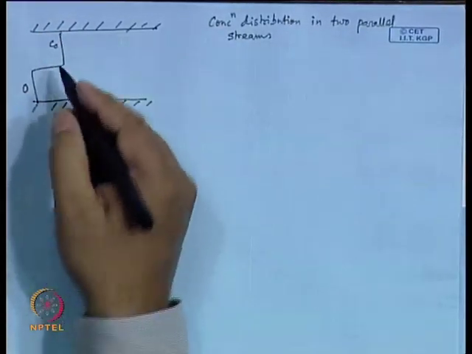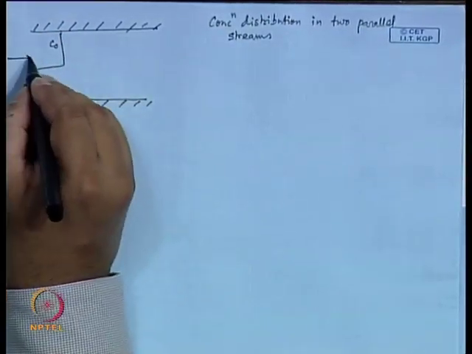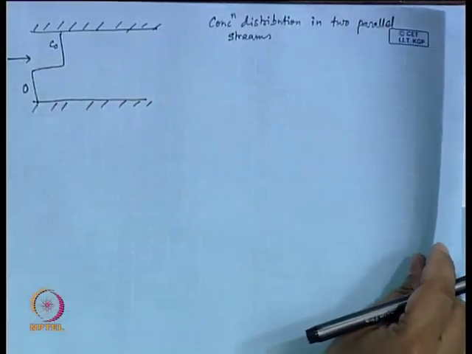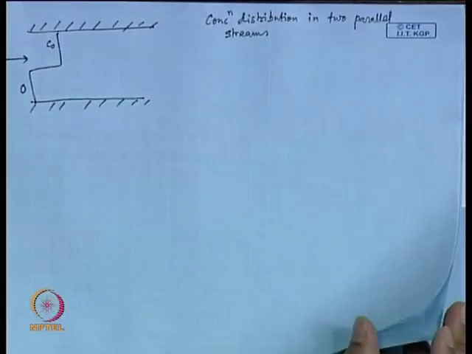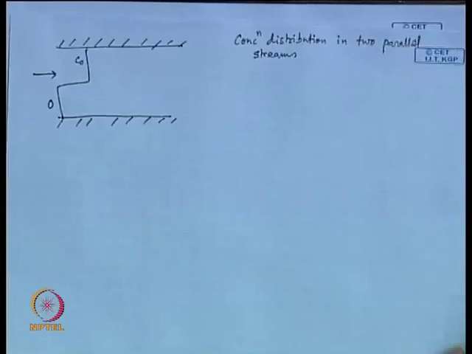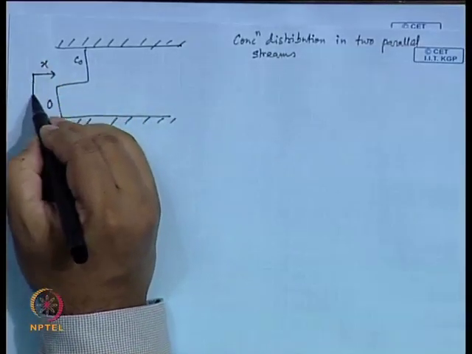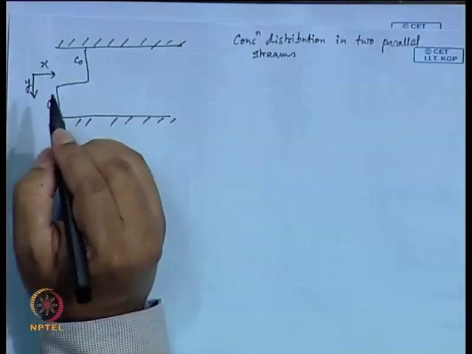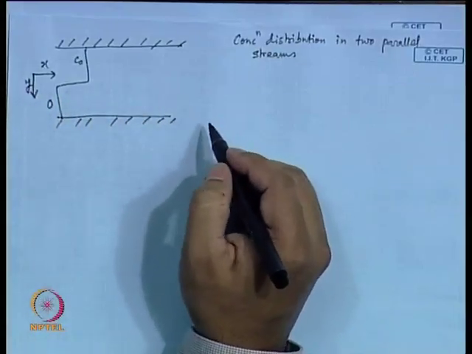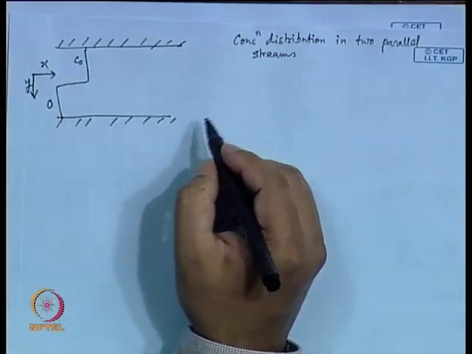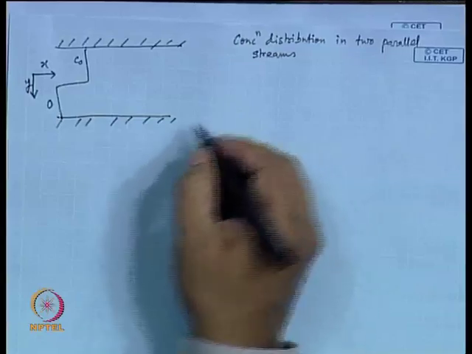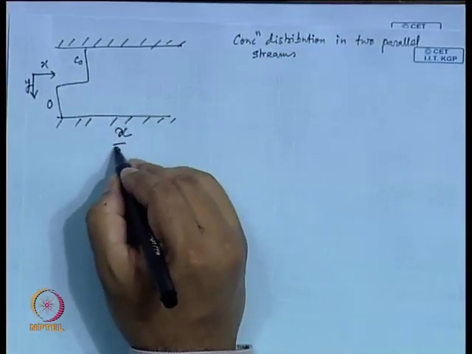We are calling this C 0 and 0. I have the x axis drawn here. This is the x, and this is the y. And then you have here del C del y is equal to 0.